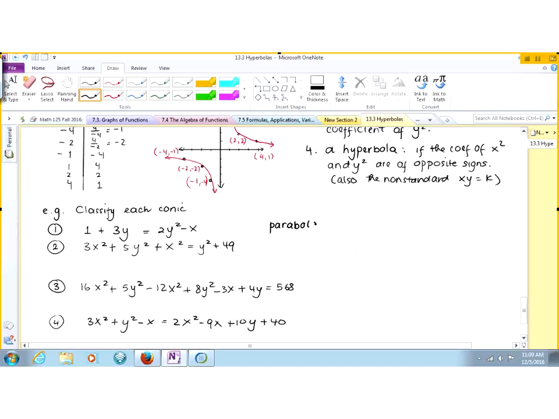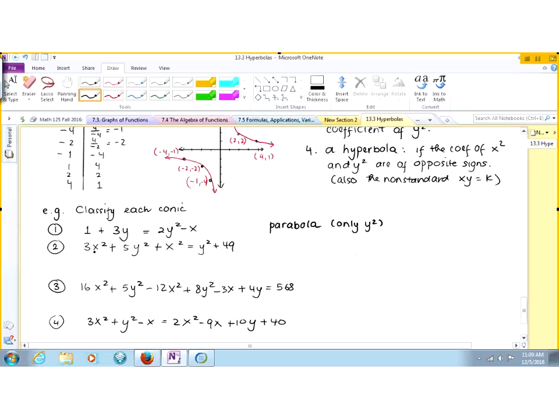Parabola? Why? Only y squared, not x squared, so it cannot be an ellipse. You don't have to write down the reason, okay? As long as you know it's a parabola, it's good. Now, what about number 2?